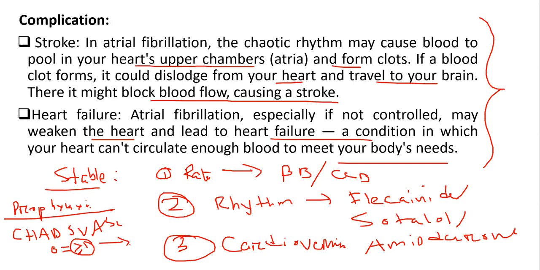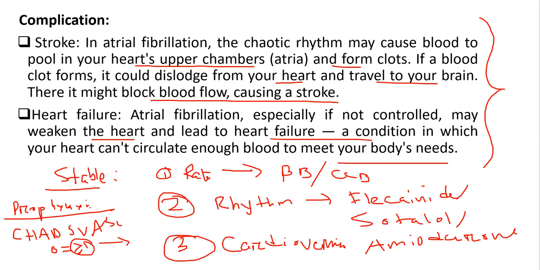Women above 2, anticoagulants. Now, what kind of anticoagulants do we use for atrial fibrillation, guys? No longer warfarin. This is wrong. We no longer use warfarin for AF patients unless it is really needed.